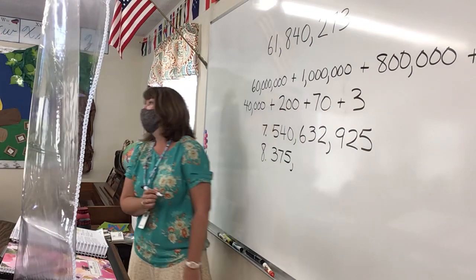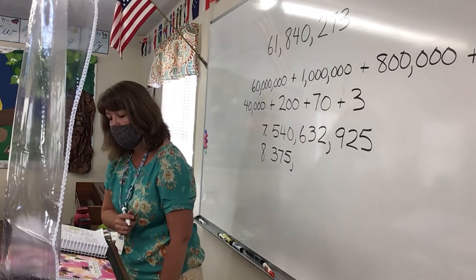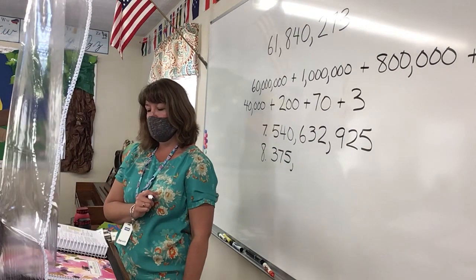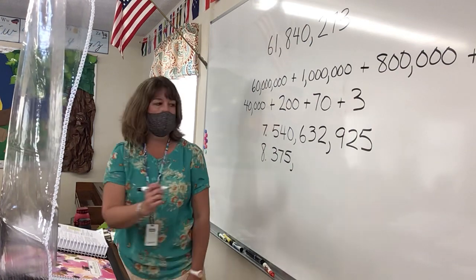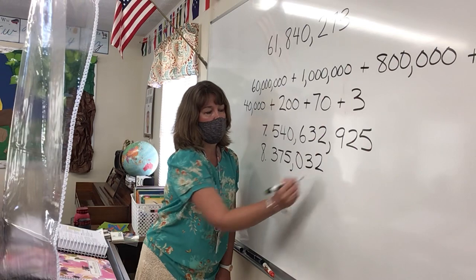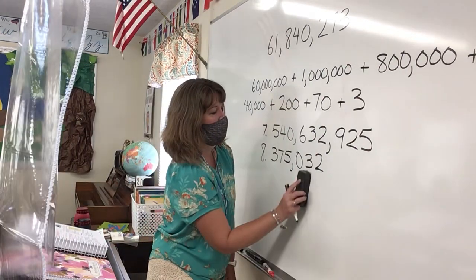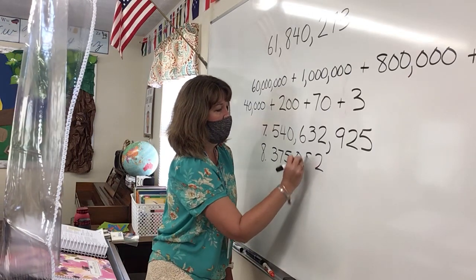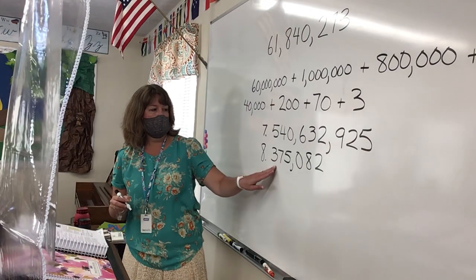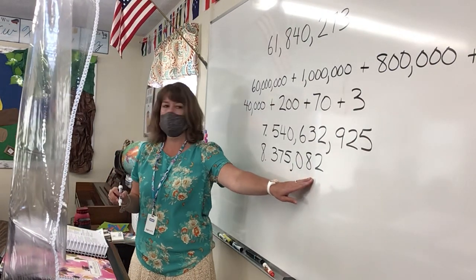Okay, 82. So that means we're skipping the hundreds place because there's no hundreds value there. So that means we put a 0 in the hundreds. And then write 82. You could change the 8. Yeah, I could have. So this is 375,082. That's how you would write that.